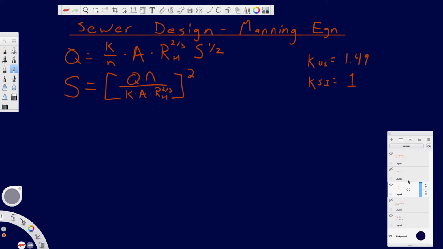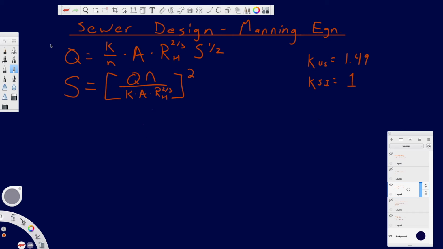What we have here on our first equation is the general form of the Manning equation. We have the flow rate Q equal to K, which is a correction for what type of units you're using. The Manning equation is empirical, so you're basically fitting a line to a bunch of data. It was developed in SI units, so there K is just 1, there's no correction.